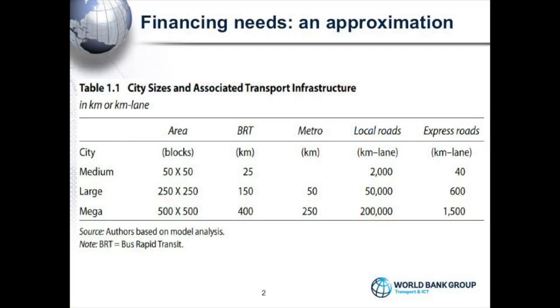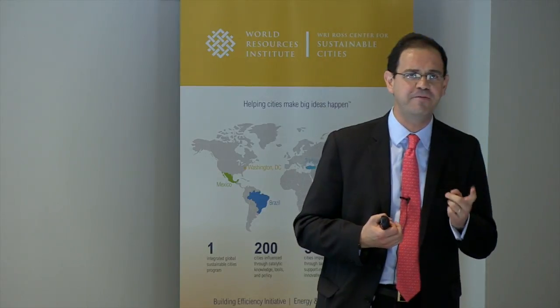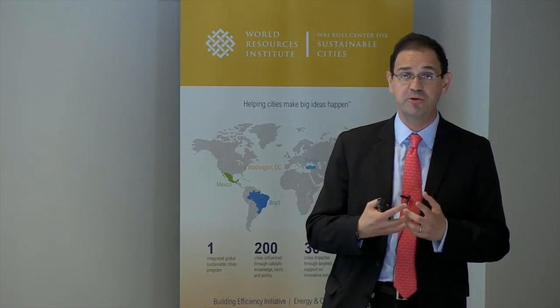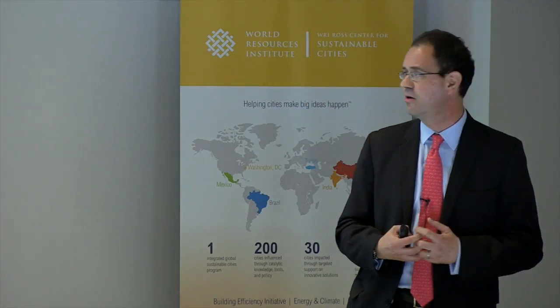Look for a mega city, 200,000 kilometers lane of local roads. And local roads are therefore an inherent part of the asset management structure for any urban transport system. And they're often forgotten. And when I say roads, I also include, of course, the sidewalk. It's not only the road. We include in the model the cost of the sidewalks.